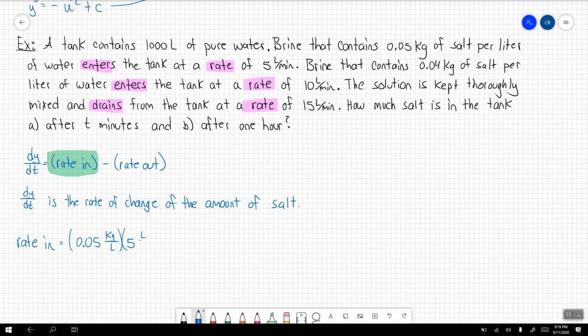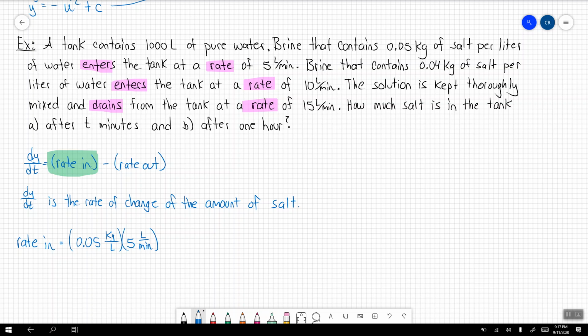Notice that when I multiply these two quantities, the liter amounts will cancel, and we're left with how many kilograms of salt per minute this certain brine is producing.